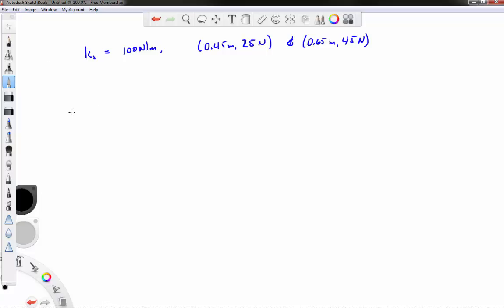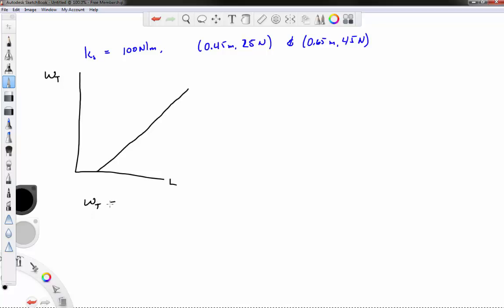Essentially what's going on here is it's giving us a plot of total weight versus length, and it's saying that this makes some sort of a line like this.